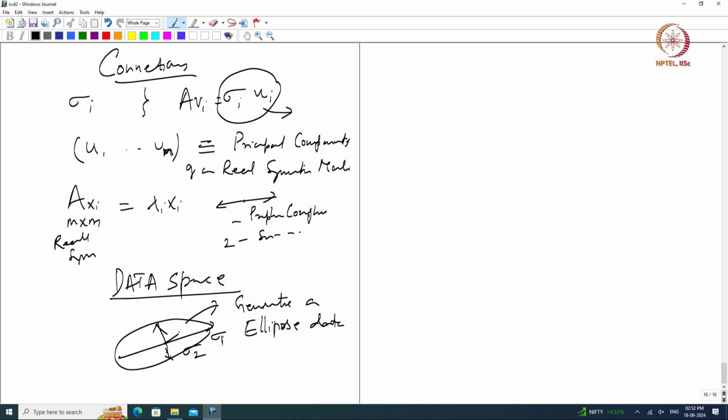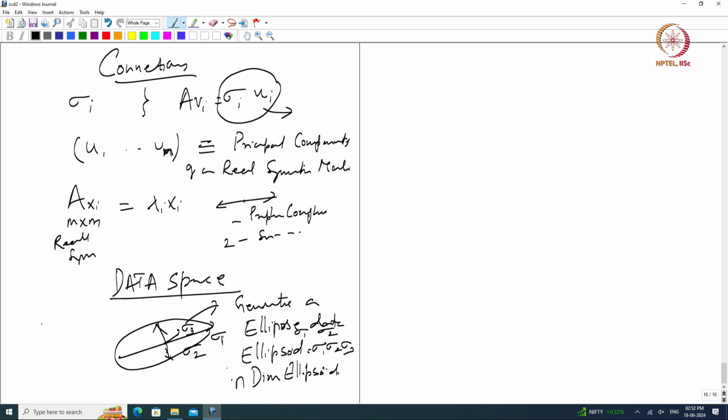Suppose you have another singular vector sigma 3, it will be an ellipsoid, with sigma 1 and sigma 2 as the major axis and minor axis. In general, you will have an n dimensional ellipsoid.